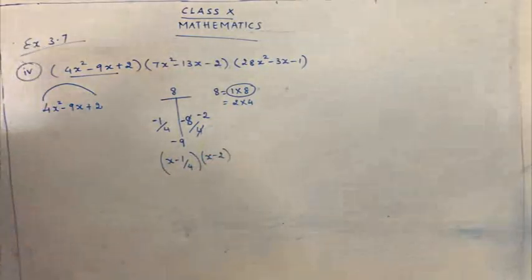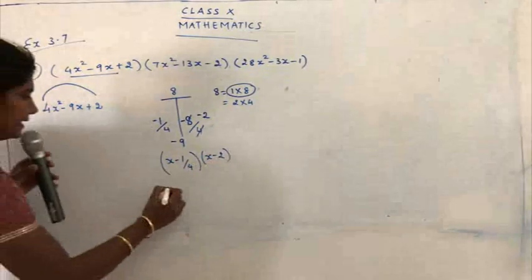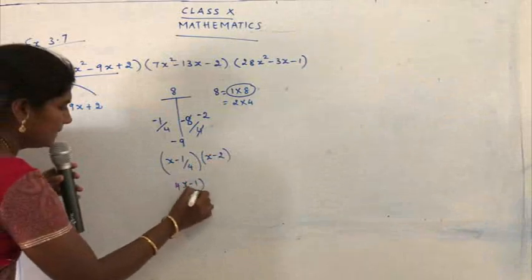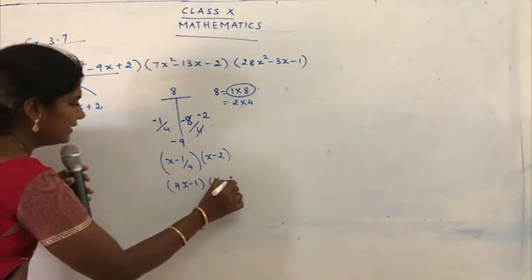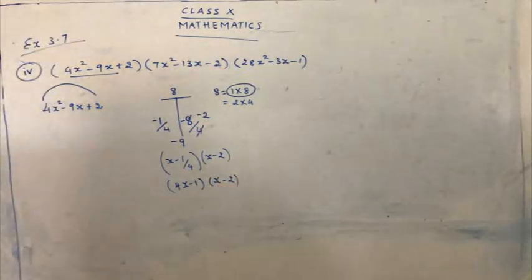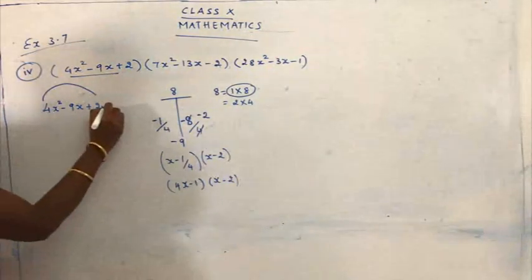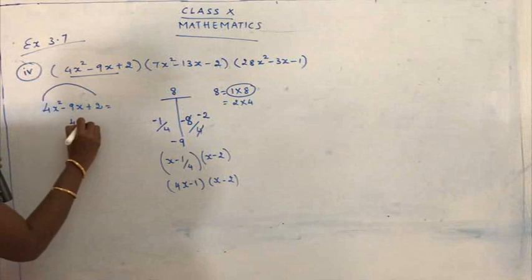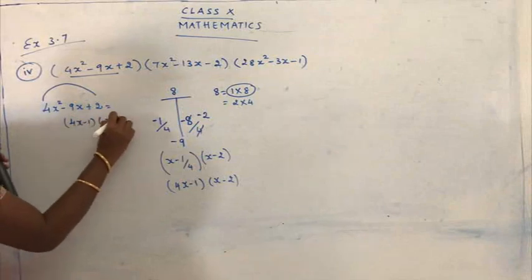So x minus 1 by 4 will be written as 4x minus 1, and x minus 2 will be written as x minus 2. So we have factorized the first part, that is 4x square minus 9x plus 2, and it turns out to be 4x minus 1 x minus 2.